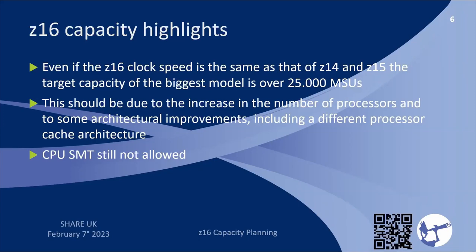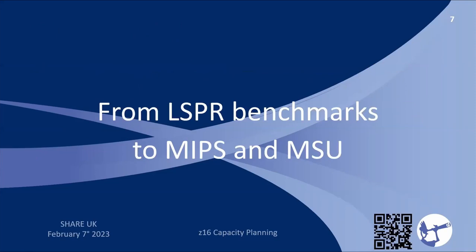And again, this is probably going to be interesting for only a couple of companies in the world right now, but still the overall capacity is going to increase. So IBM has an eye on that. And finally, again, SMT is not allowed. Okay, so we move forward to the next chapter if there are no comments or questions.